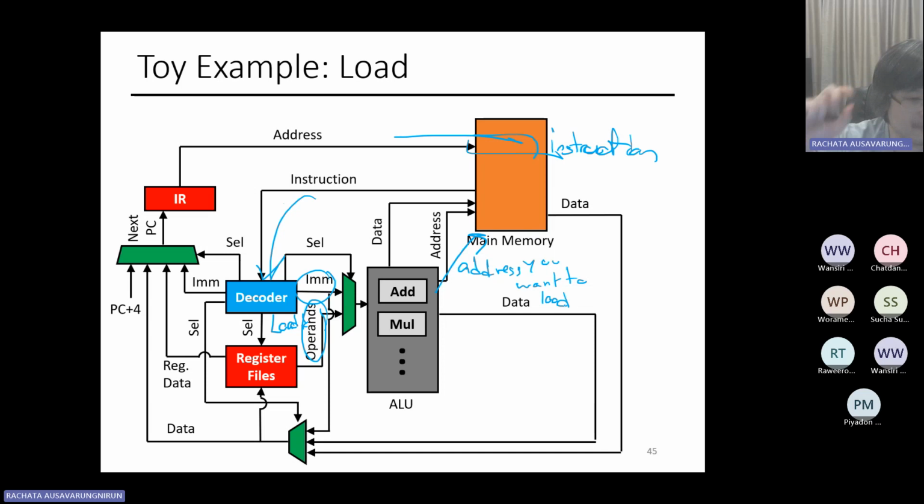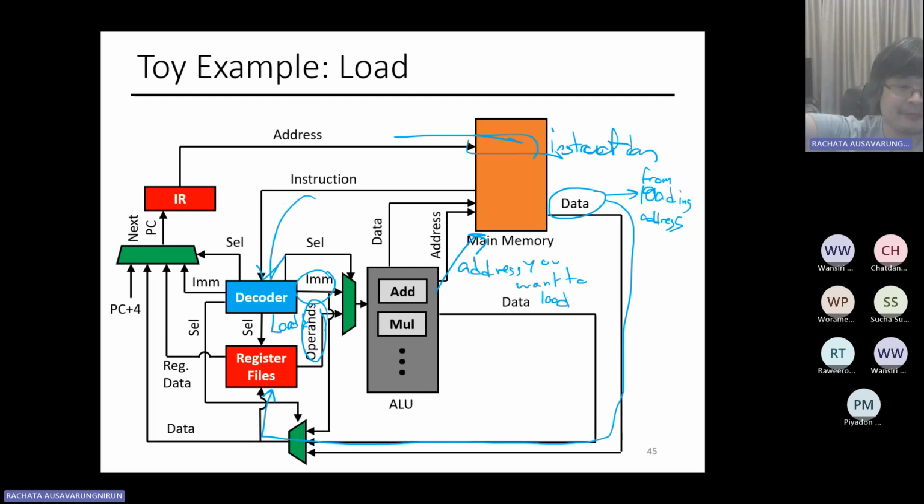When you do that, the memory output is going to be the data corresponding to the loading address, which is now forwarded here into the register file, because that's the target of your load.